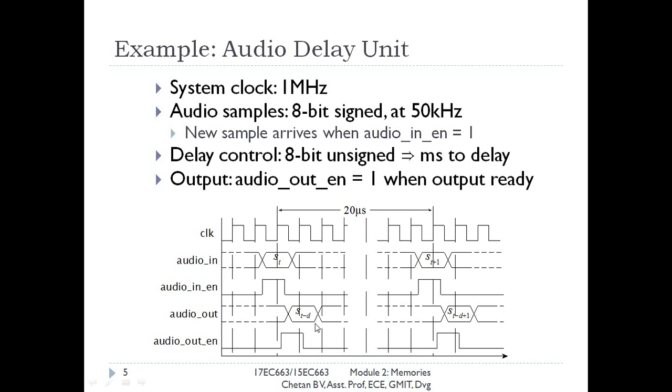Whenever we make this sample available at the output terminal of our unit, we have to activate audio out enable, so whenever this is applied to the output port, audio out, we have to make this signal 1. It is a pulse. Again, when we output the second audio sample, we make this 1 again, and so on.